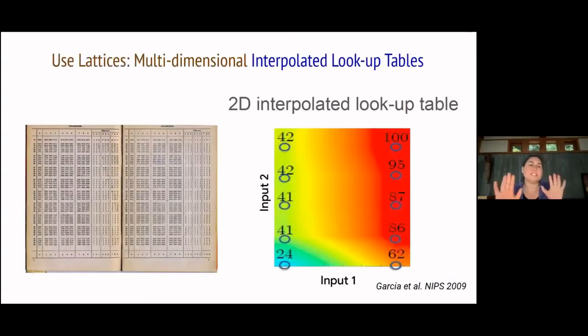So what are we going to do? We're just going to take the same idea we talked about before, and we're going to do it in a multidimensional way. So we'll use multidimensional interpolated lookup tables. So here's a simple one in 2 dimensions. This lookup table has 10 parameters, a 2 by 5 grid. And if you come in anywhere in this space, you'd find the 2 to the D, or 4, parameters surrounding you, and you'd linearly interpolate from those, which gives you a nonlinear function because you are interpolating 4 parameters.